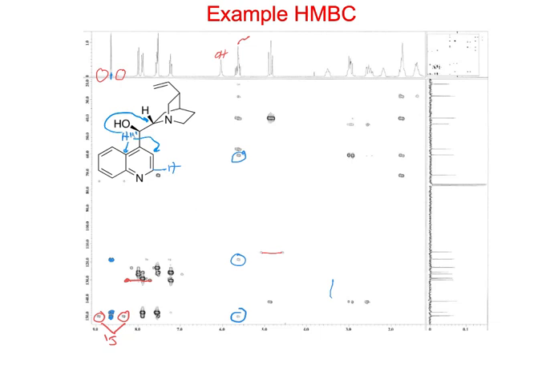Oftentimes when we have a group like that attached to a benzene ring, though, we oftentimes see 2-bond coupling to the point where it's directly attached, and 3 bonds to those 2 kind of ortho carbons.